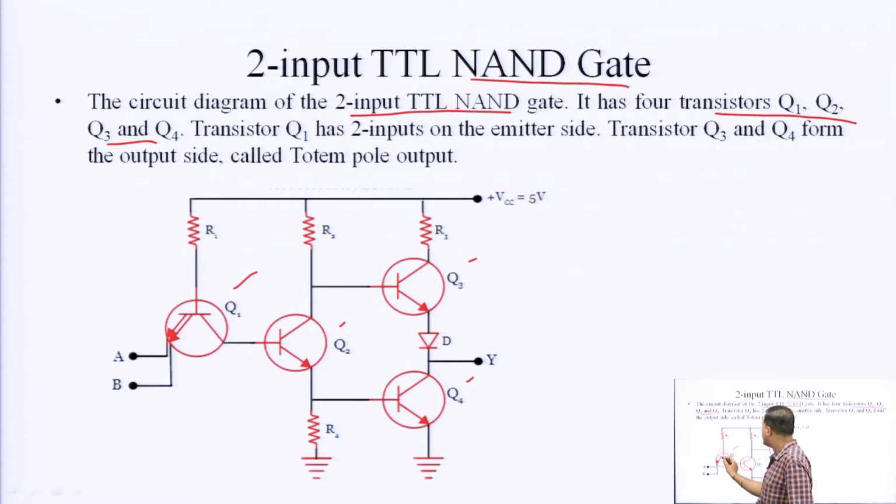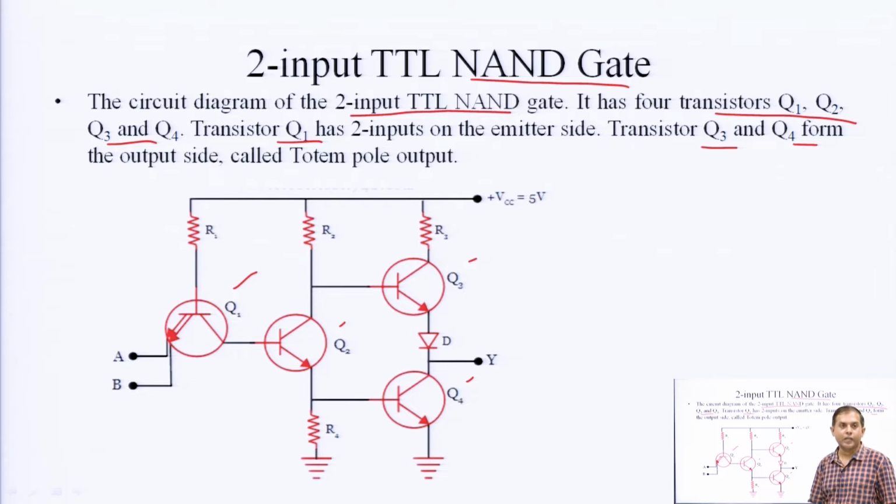Till now these were all 1 input transistors, but here you can see 2 emitters. This is called 2 inputs on the emitter side of Q1. Transistors Q3 and Q4 are on the output side. We take the output between Q3 and Q4, and this is called the totem pole output.